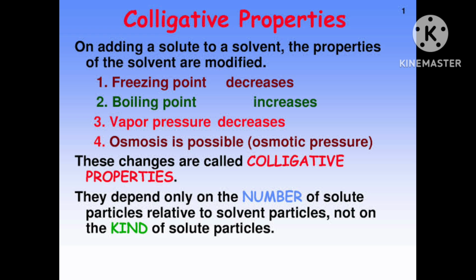That constant is actually P1 naught. Then P1 is equal to P1 naught into x1, where P1 naught is the vapor pressure of the pure solvent.